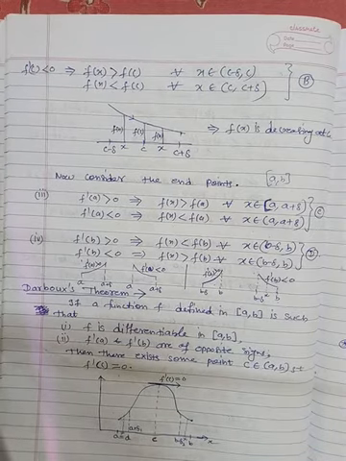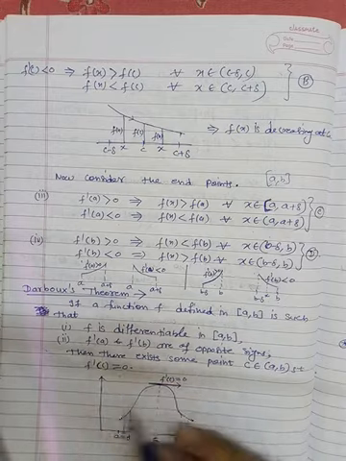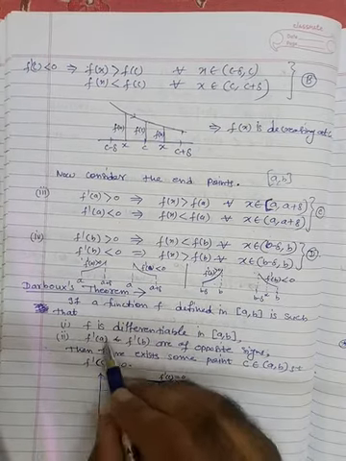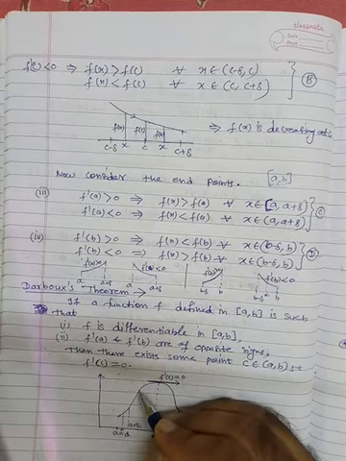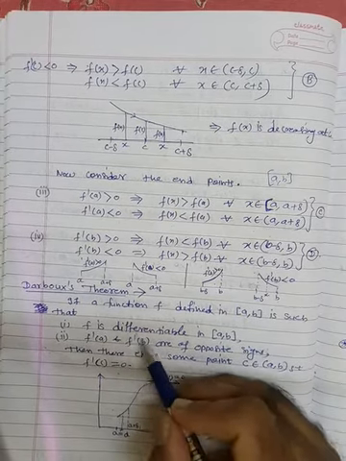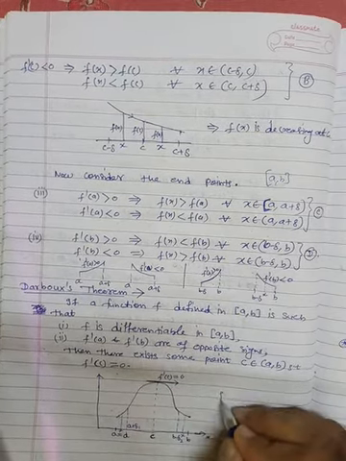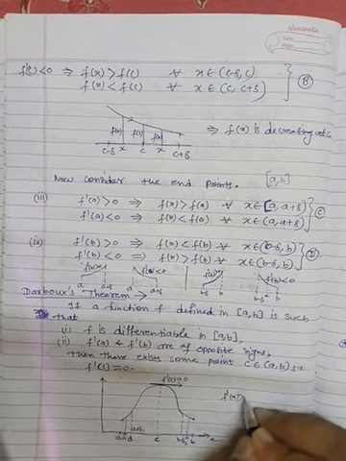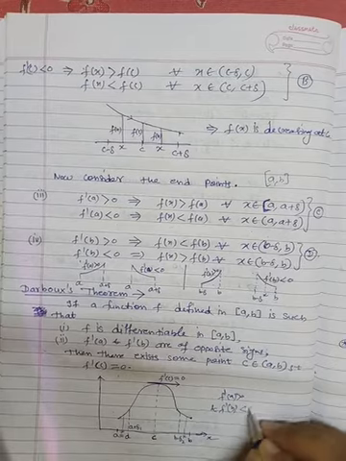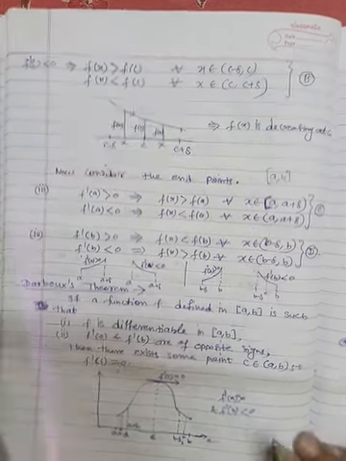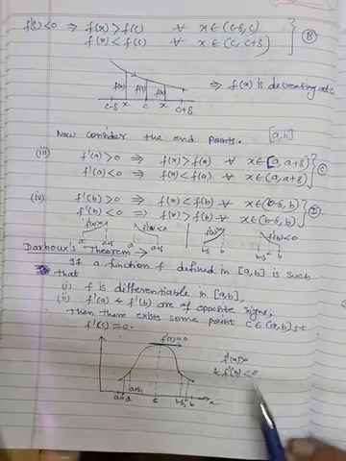What is the statement? In this graph, suppose we have considered f dash a as positive, so you will see here we have an increasing pattern. Similarly, f dash b we have assumed as negative. So this is positive, this is negative, assumed.